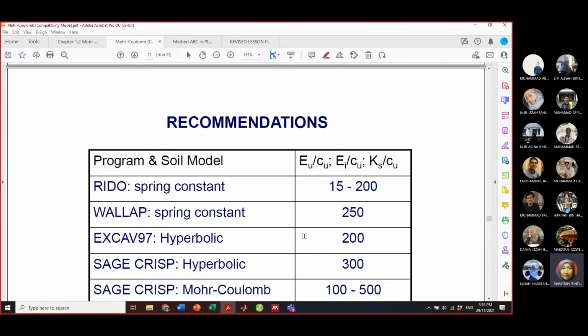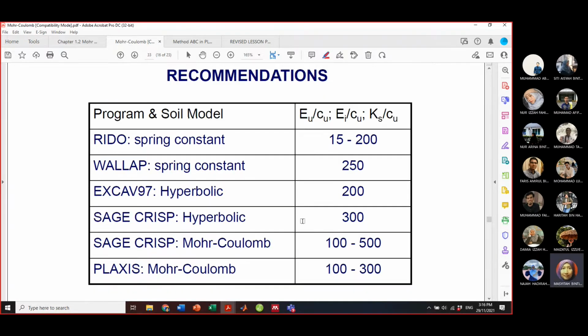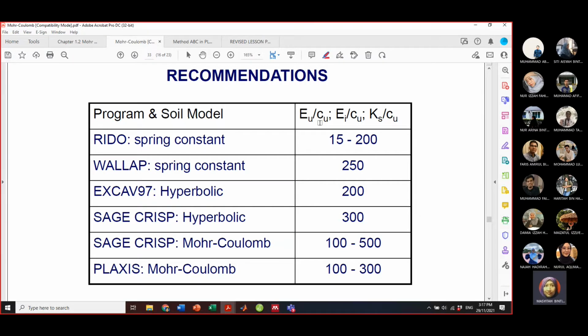And then for the next one, the recommendations, if you are using the value for undrained E and undrained C, also recommended for different software and different constitutive models. Hyperbolic is a common non-linear model to be considered in the modeling. So you can opt whether you want to use hyperbolic or Mohr-Coulomb.